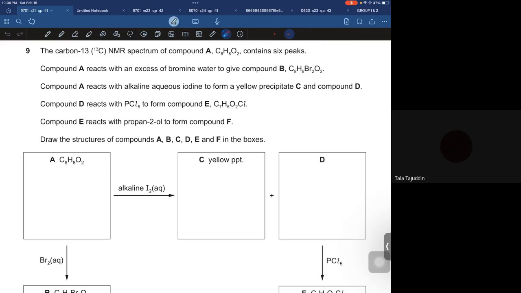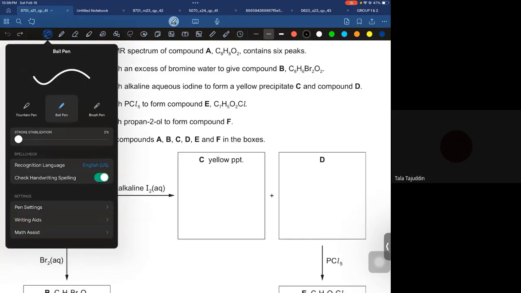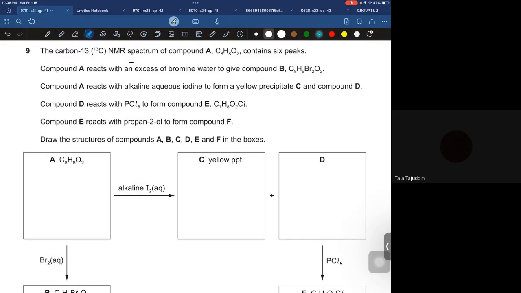So basically, these statements are going to give you a proper hint. Ultimately, I can say that excess of bromine water means that a double bond is present.